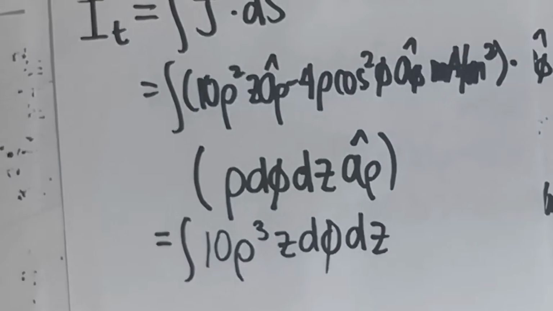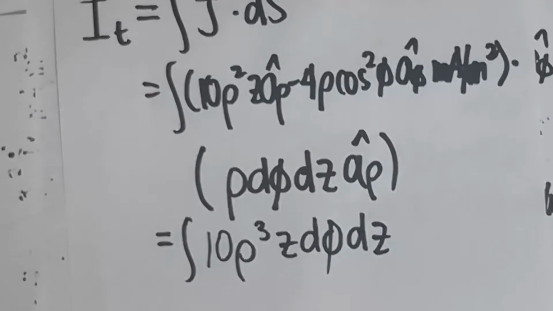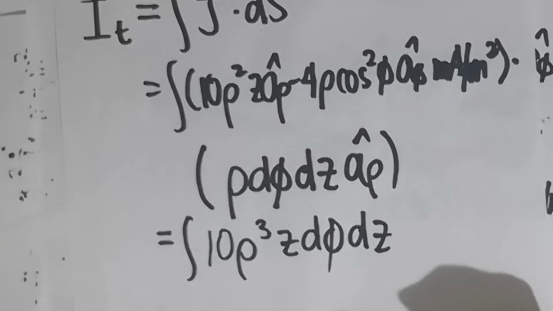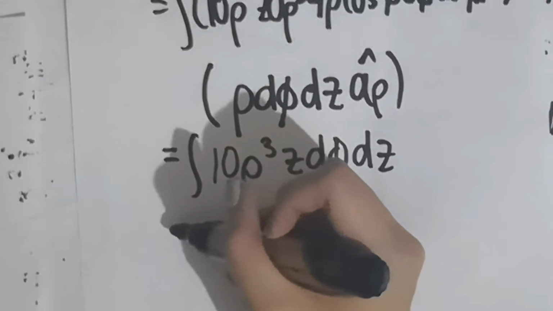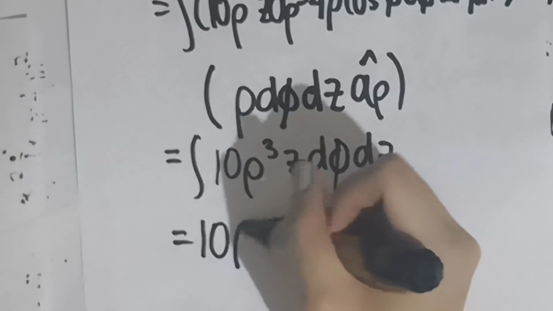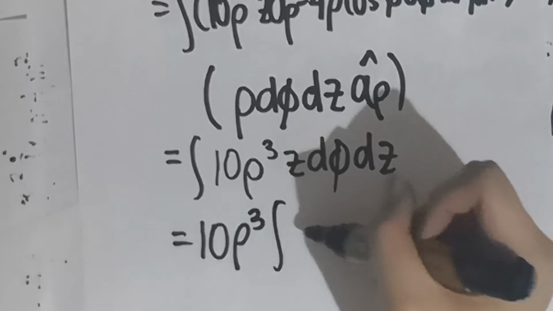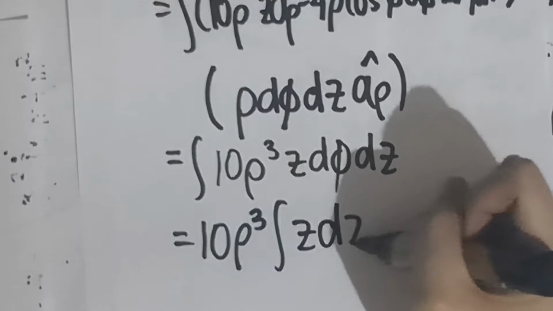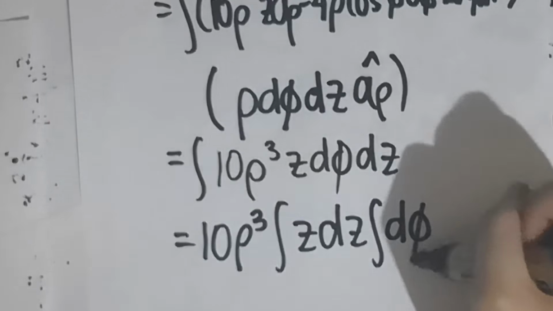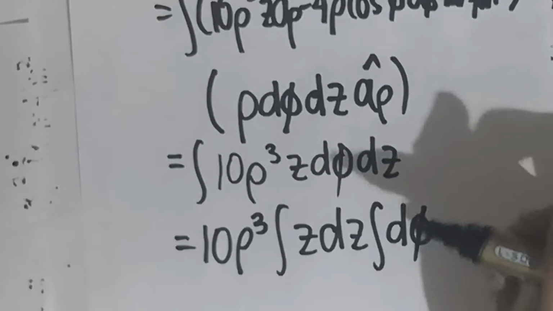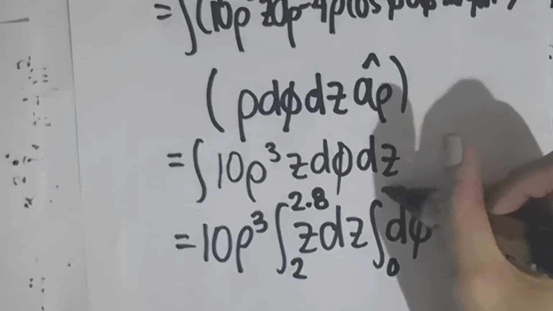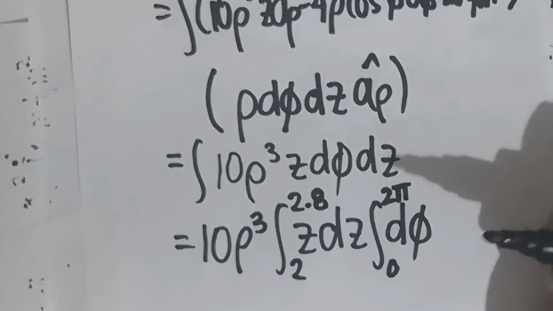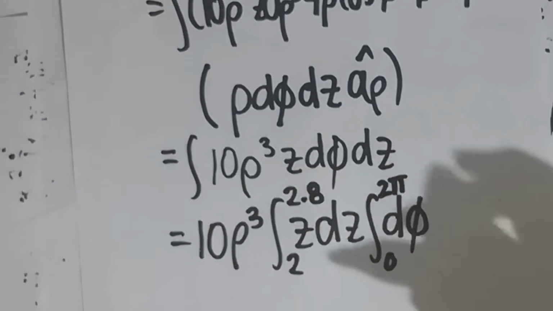Now we have to evaluate the integral. We have to separate the integral, so this will be a double integration: the integral of z dz and the integral of d phi. For z, from 2 to 2.8, and phi from 0 to 2 pi, as stated in the problem.